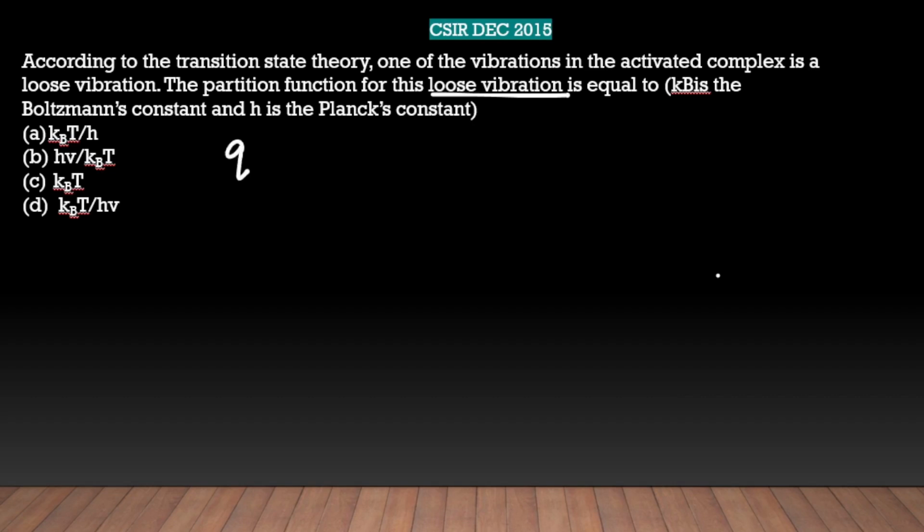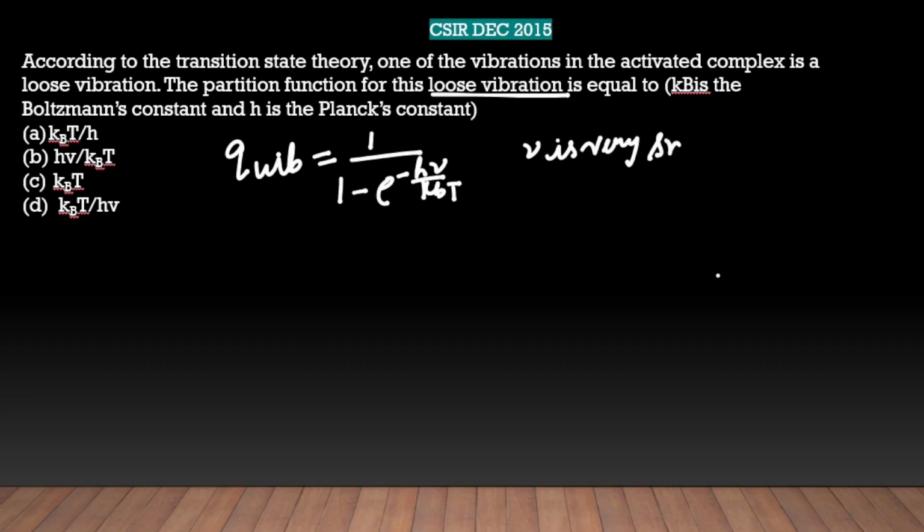We know that Q vibrational is equal to 1 upon 1 minus e raised to the power of minus h nu upon kBT, right? Now it is a loose vibration, which means the nu value, the stretching frequency, is very small.